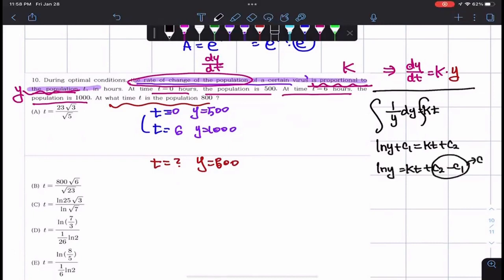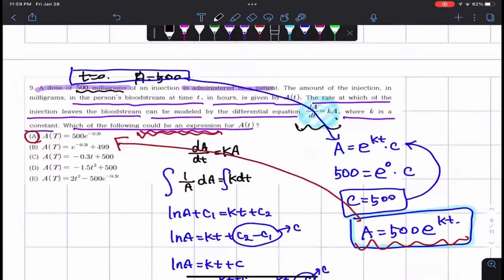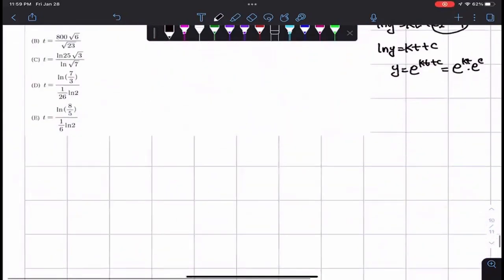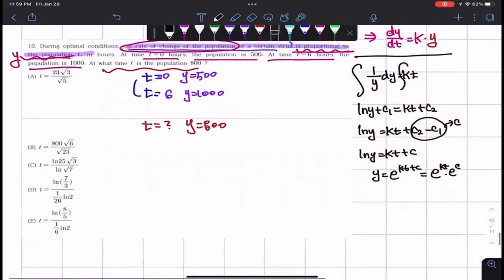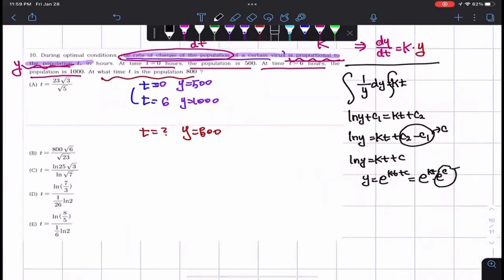This is just c. ln y equals kt plus c. y equals e to the power of kt plus c, which is e to the power of kt times e to the power of c. It is the c. So y equals c times e to the power of k times t.